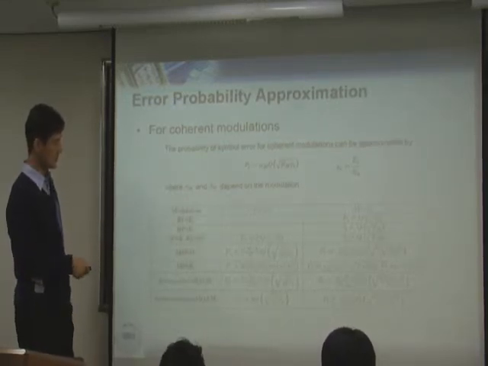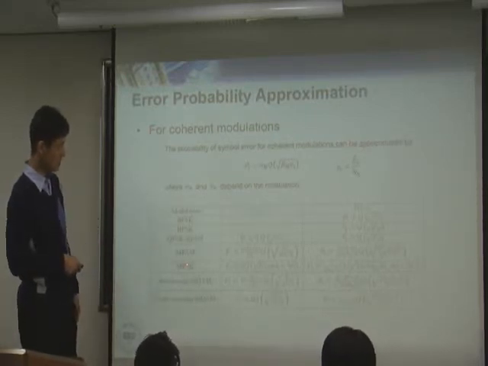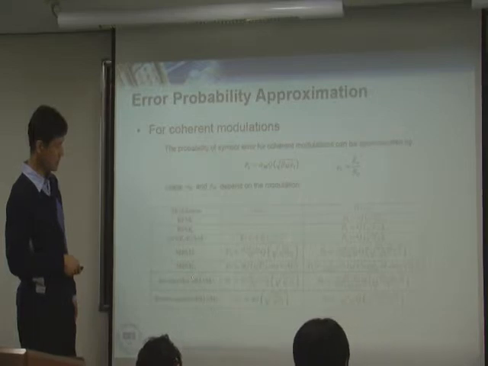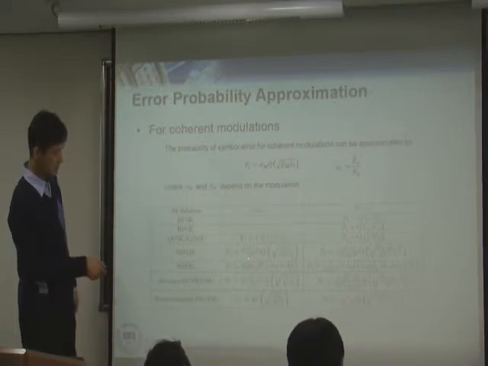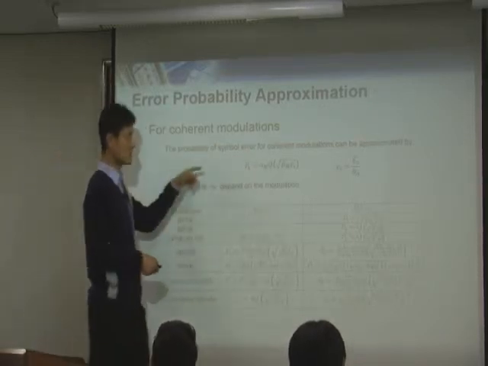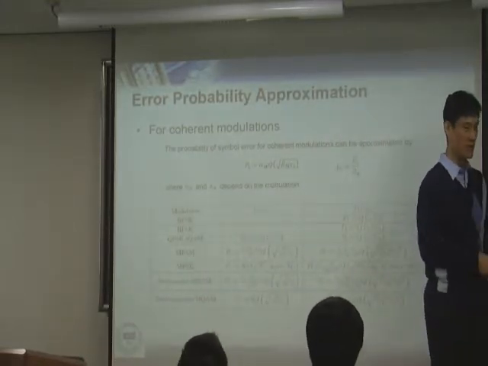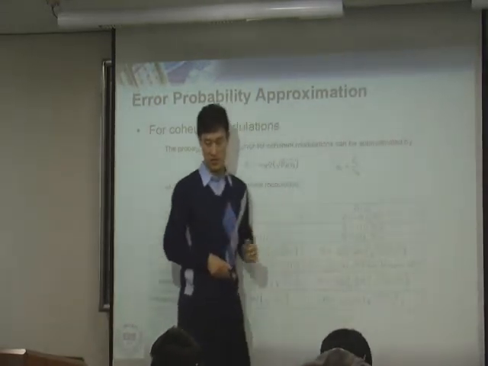So here's an example. For some types of modulation, for example QPSK or MQAM, this is a common assumption. Otherwise, if you want to make it accurate, it's so complex. Using this approximation is very common.